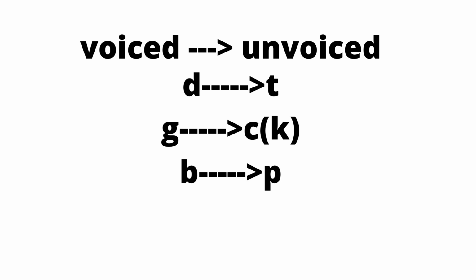Okay, so another thing is the switch from voiced to unvoiced. And if you don't know what this means, there are 2 elements that go into making a sound. One of them is the way that you are shaping your mouth and tongue and throat and teeth that produces that sound.